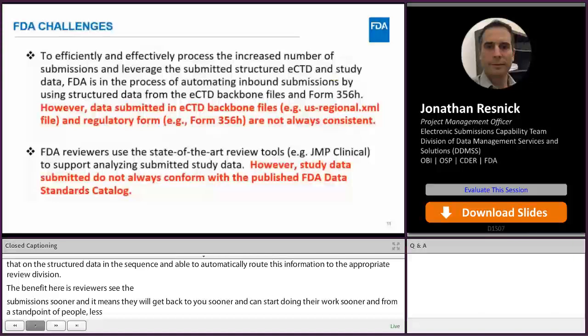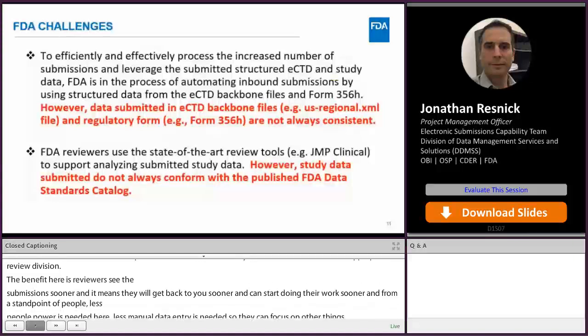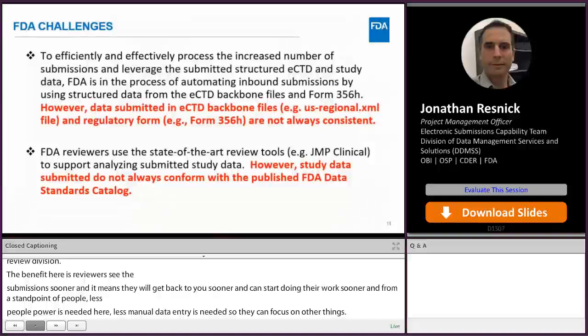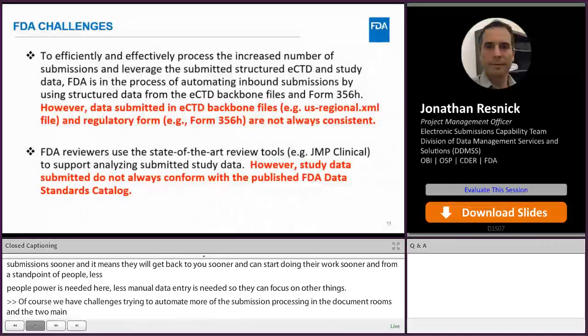Of course, we do have some challenges with trying to automate more of the submission processing here in our document rooms. And the two main ones, right? The first one is that to efficiently and effectively process the increased number of submissions and leverage that structured data in the eCTD, we want to make sure that we're not getting conflicting things coming in from that data.